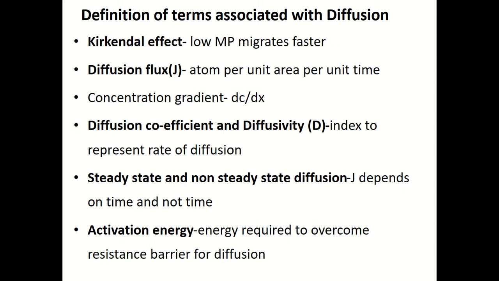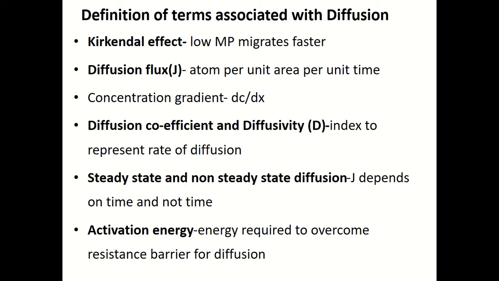So the diffusion flux is represented using the capital letter J. It's nothing but the mass flow per unit area per unit time. Okay, not atom. The mass flow per unit area per unit time is known as the diffusion flux.